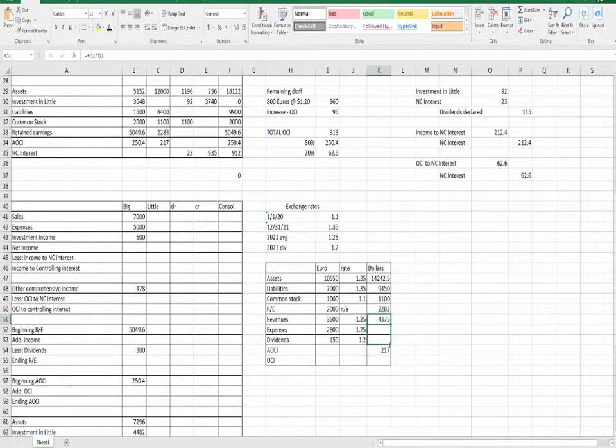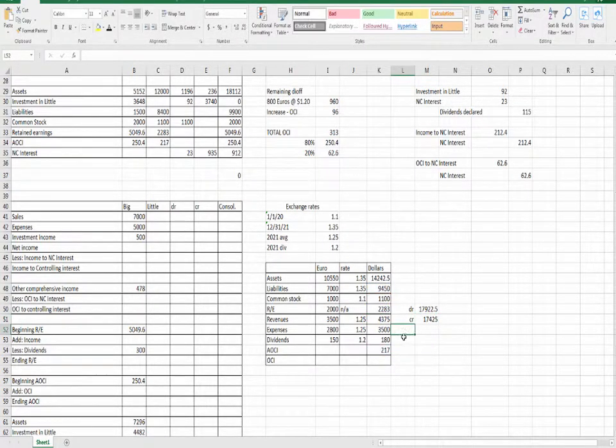we've got the following. Okay, and again, this trial balance isn't going to balance except by rather bizarre coincidence. So we have to find out what sort of debit or credit we need to make this thing balance. So our total debits, we've got assets, expenses, dividends. Total credits, we've got liabilities, common stock, retained earnings, revenues, and AOCI.